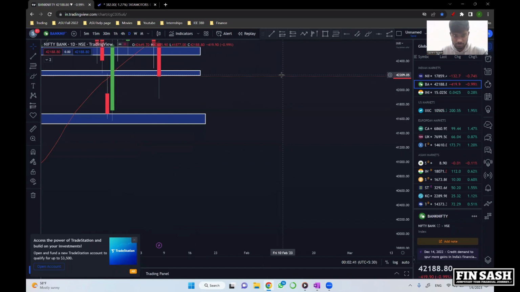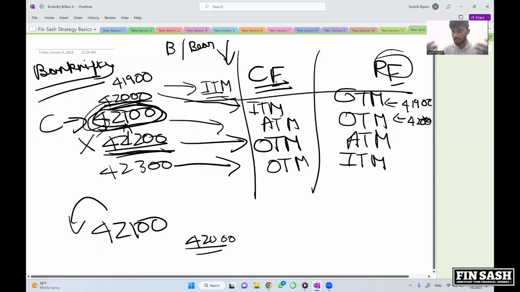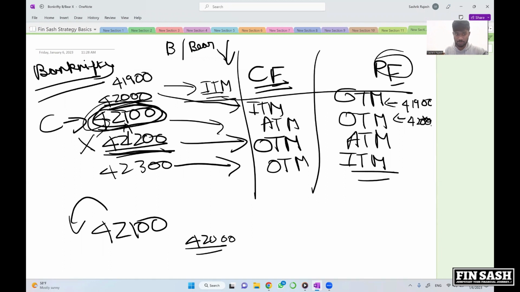Did it cross the level? Once it crosses the level, it is in the money. 42,300 is deep in the money. So basically in the money, but deep in the money.